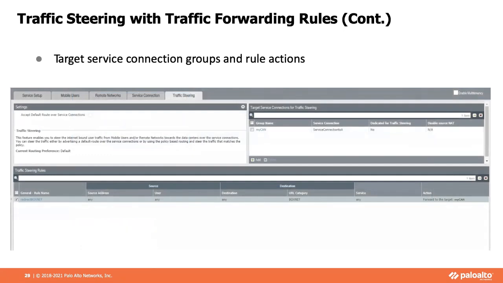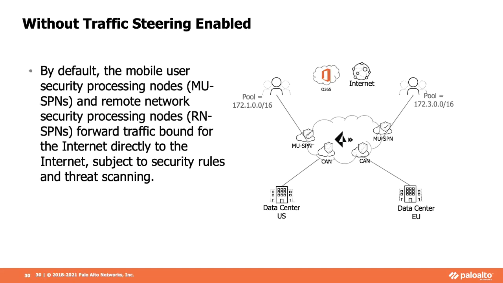That's done under the service connection setup, and we have the traffic steering rules. And that's where we set all this up. So this allows us to do some pretty cool stuff. So again, we have mobile users, for example.